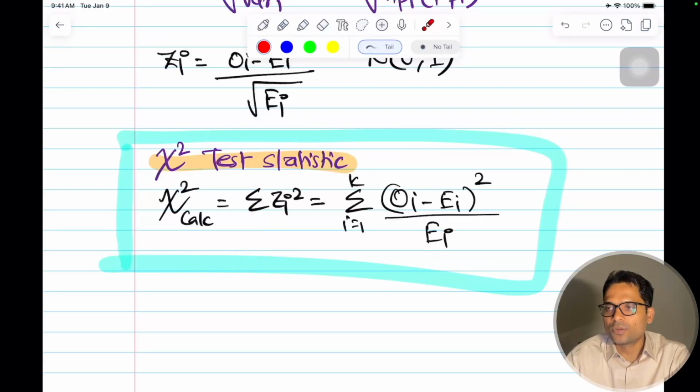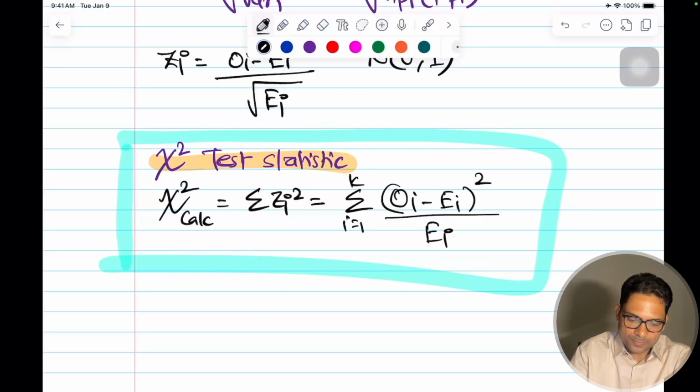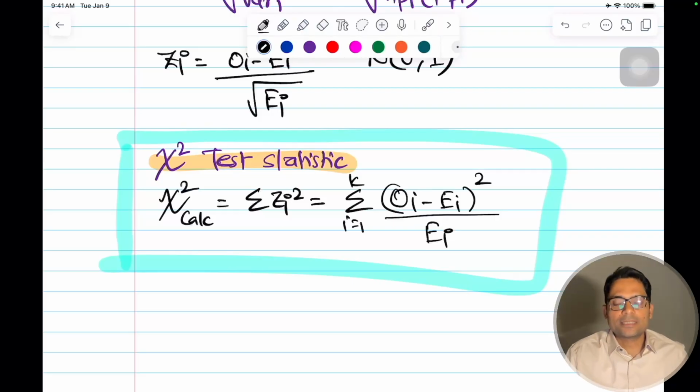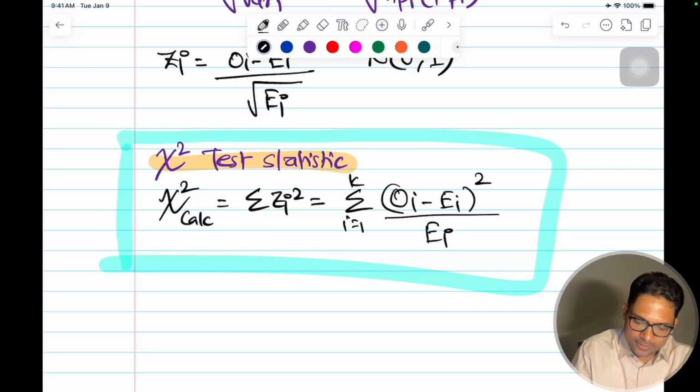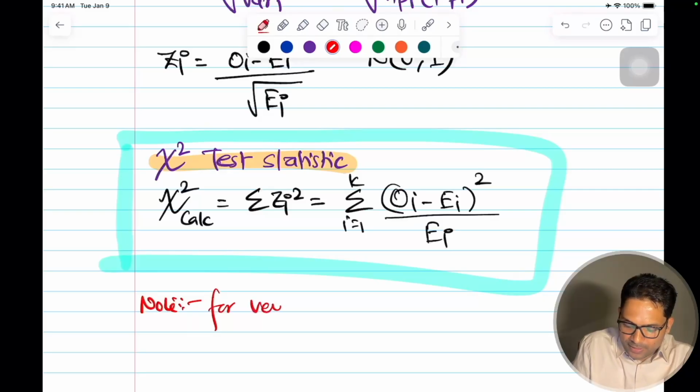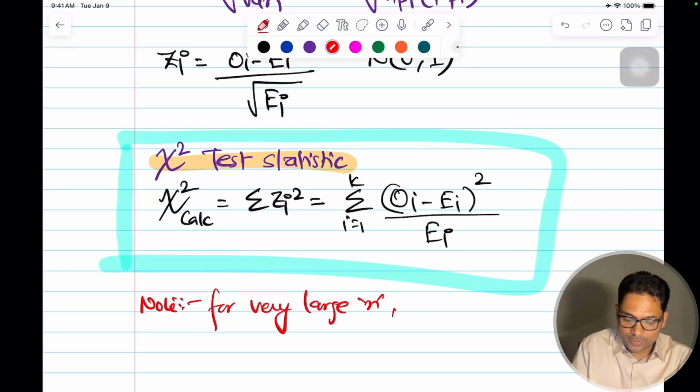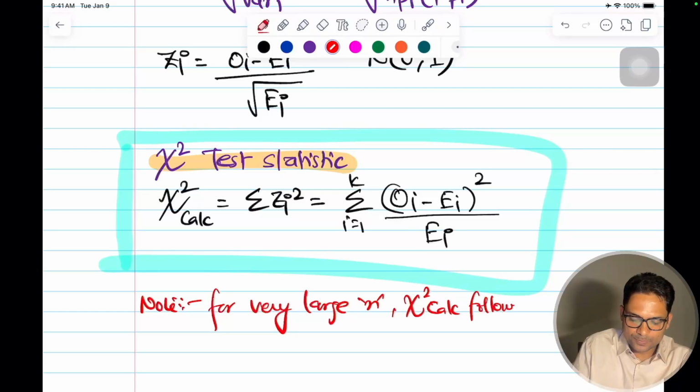Now, this is for very large n. So I'll write a note: for very large n, this chi-square statistic, chi-square calc, follows a chi-square distribution.